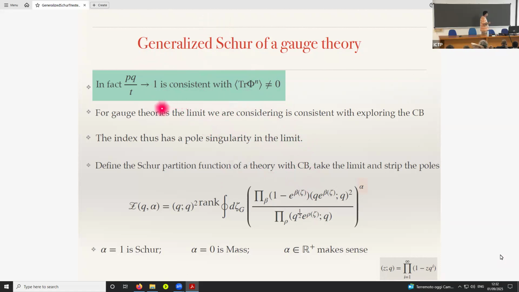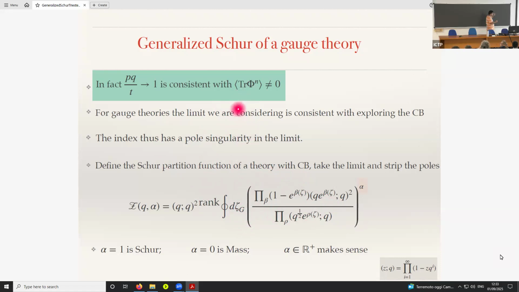That means that for a gauge theory, the limit that we are considering actually will lead to some divergence. So for a gauge theory, the way we will define this limit, this generalized limit that we'll call the generalized Schur partition function, is taking the limit and stripping off the divergence which comes from going on the Coulomb branch, from the fact that we have a VEV for this operator.